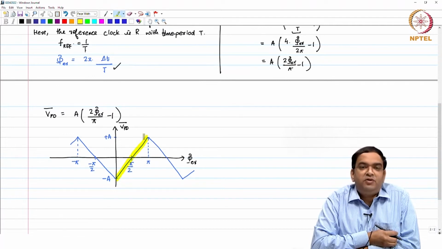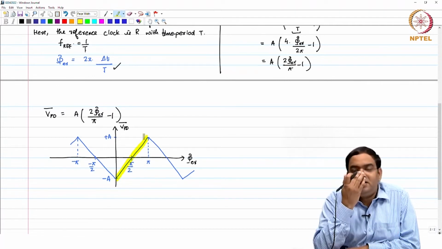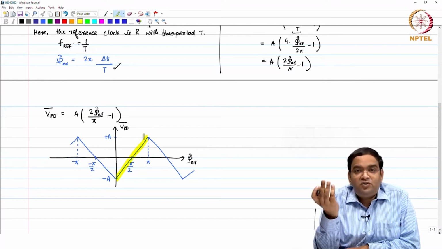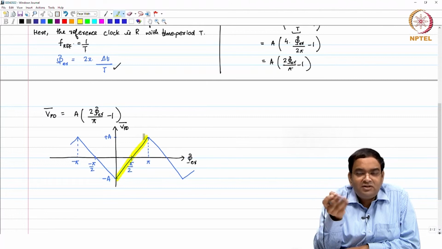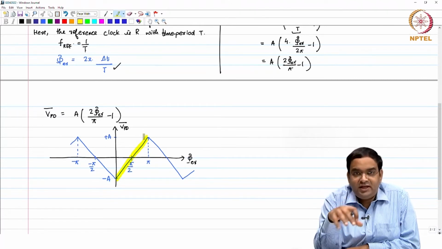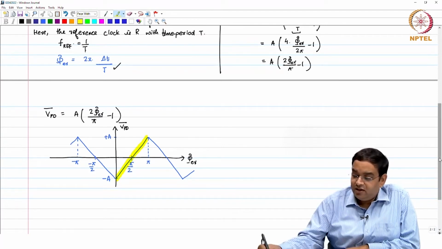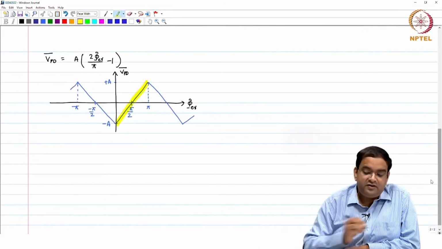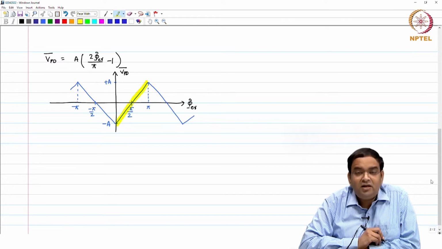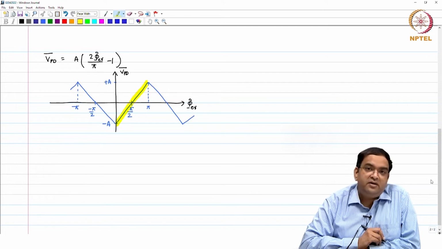If you talk about the XOR gate independently, the XOR gate independently is non-linear, right. It has only 2 output levels. In terms of voltages, it is non-linear. But if you are using it in the manner as I have shown here, then you see that this particular phase error detector behaves much more in a linear fashion in the range 0 to pi.